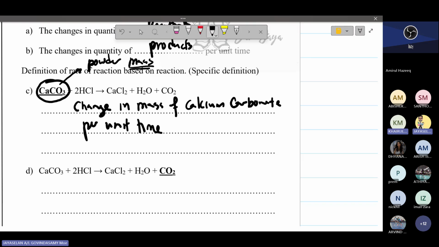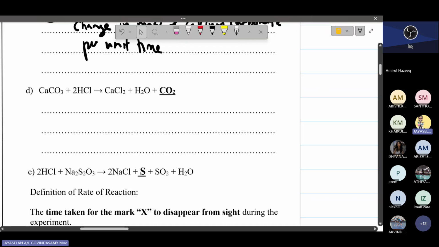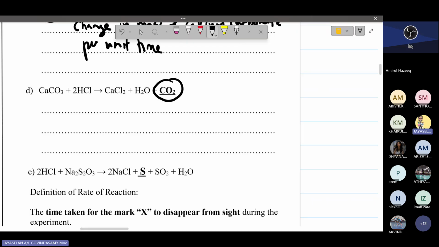This is specific. If, in another question, they collect the volume of gas, how do you define the specific rate of reaction?